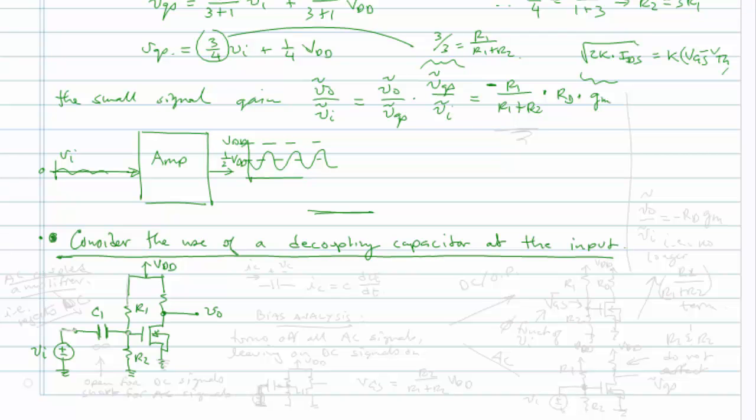And the value of this capacitance for the purposes of this analysis is infinite. Now that's not realistic, but the idea here is that this capacitance is very, very large. And here's the idea. The assumption here is that you have not yet studied circuits that involve capacitors and inductors at length.